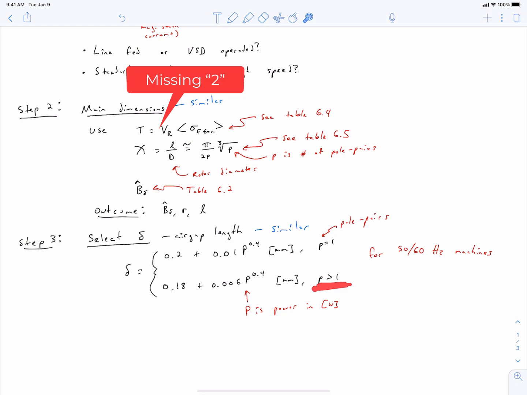Or if this is a greater than 2-pole machine, it should follow this expression down here. Again, this is an observed rule of thumb. And if you're operating at high speeds, 30,000 RPM or 60,000 RPM, typically your air gap length becomes much larger.